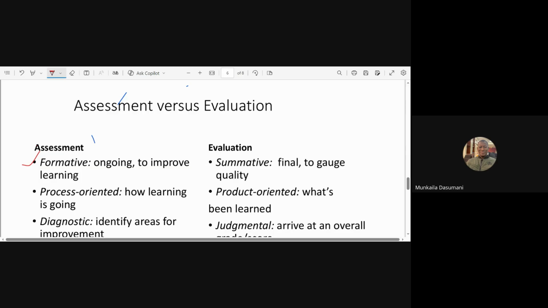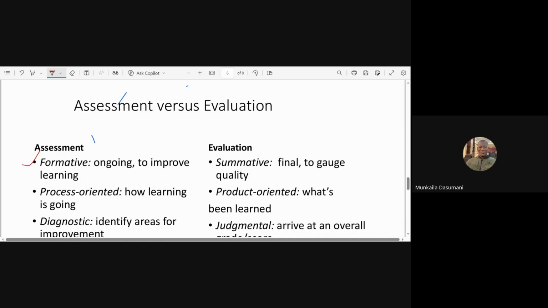Remember that assessment is a subset of evaluation. So when you are teaching, and we are doing assessment, at the end of the day, based on that, we can evaluate the performance of the student. When you are teaching, you keep on doing it, and then at the end of that topic, you also have to do evaluation to evaluate your students.